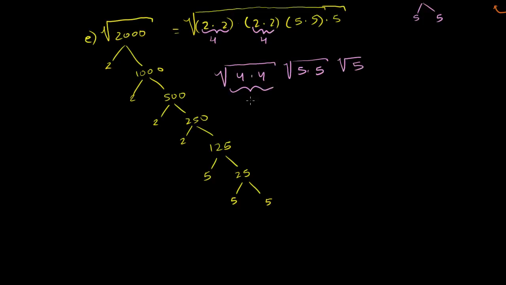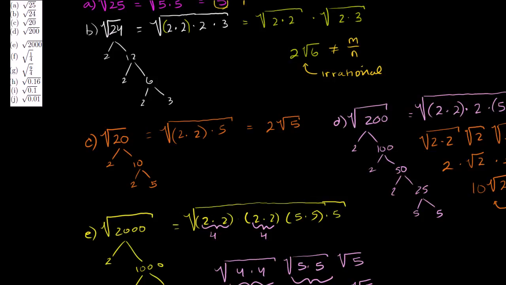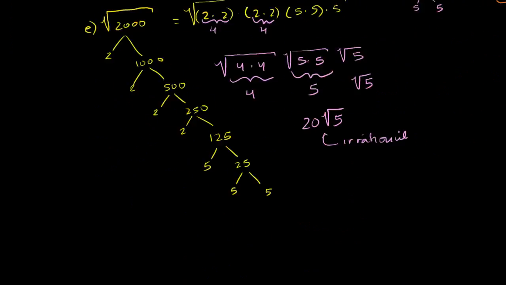So this right here is obviously 4. This right here is 5. And then times the square root of 5. So 4 times 5 is 20 square roots of 5. And once again, this is irrational. Let's do f, square root of 1/4.